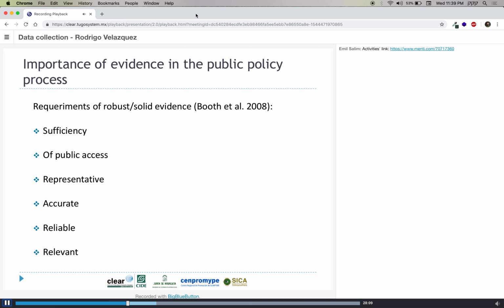Of course, we also have some other information, national information, for instance, census and information that is collected in a national way. For instance, in Mexico, it would be INEGI. And in other countries, I guess you also have this kind of institutions. So let's say that reliability has to do with public access and also with the institutions that collect information.